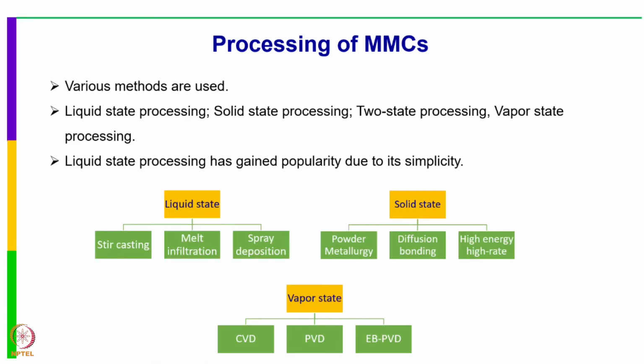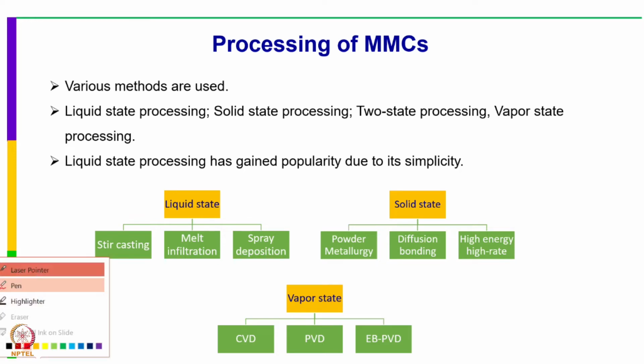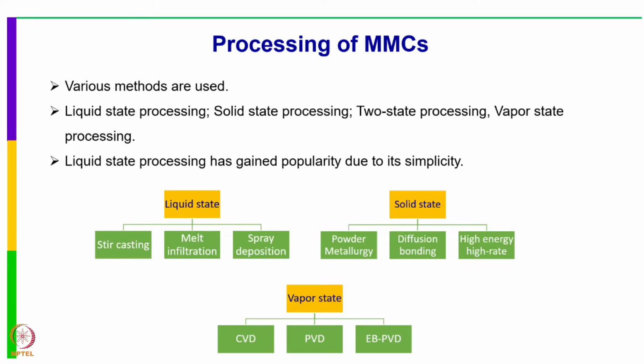There are various methods available for processing metal matrix composites, including the aluminium based MMCs, and the processing routes can be divided into various categories depending on the state in which it is processed, such as liquid state processing, solid state processing, and vapor state processing.